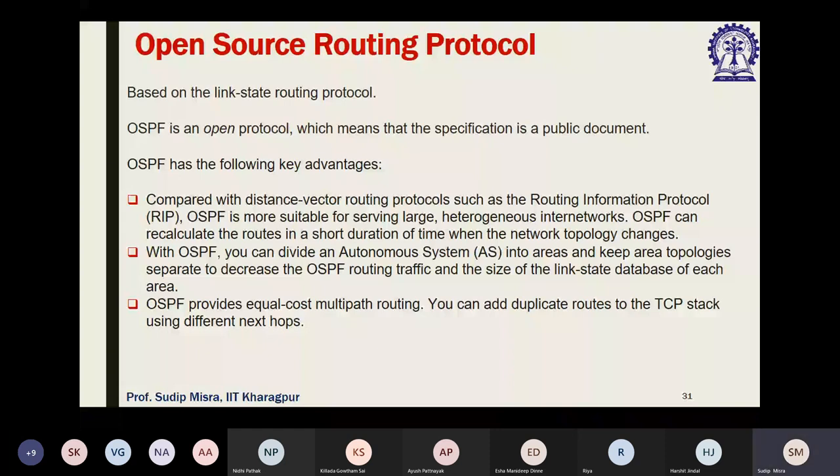To whom does it send? What does link state routing state? What is the fundamental difference between distance vector and link state? There also the distance vector table was shared with the neighbors. Here also it is shared, but there is a difference. What is the difference? Do you remember what I told you? Who remembers?